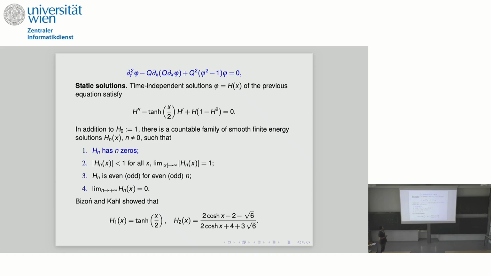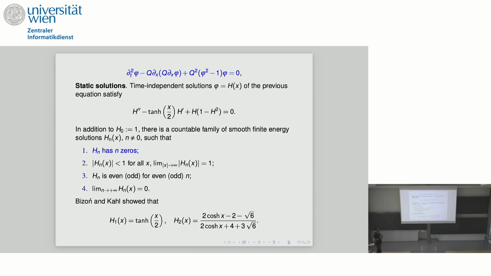Let's find the time-independent solutions of the problem. Essentially, you have to solve this problem after expanding these two derivatives. What is really interesting here is that you have the classical solution H0 equals 1, plus or minus 1, both are solutions.